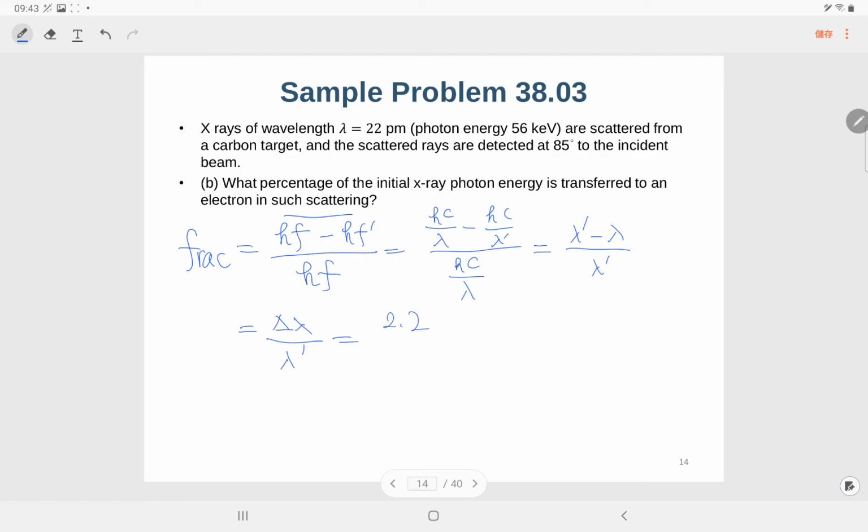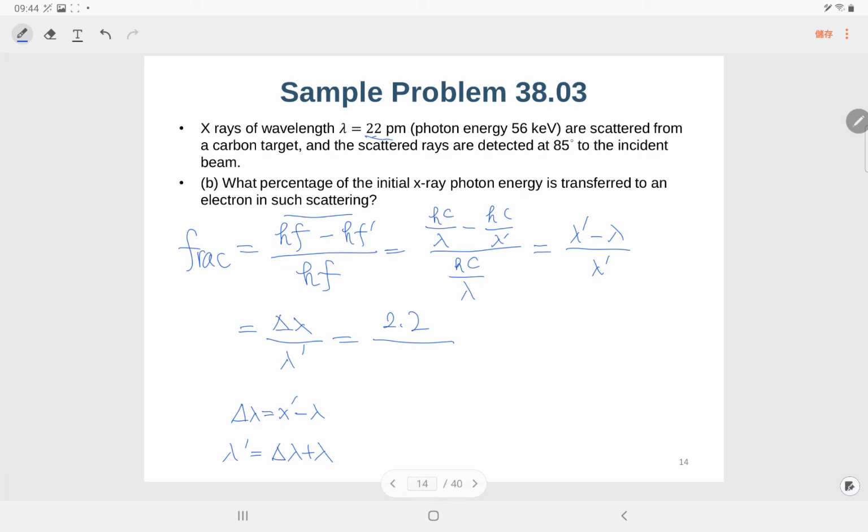And delta lambda is lambda prime minus lambda, which means that lambda prime is delta lambda plus lambda.